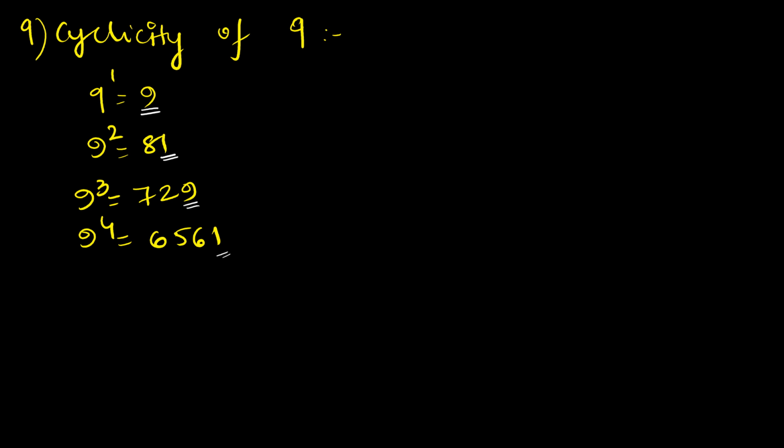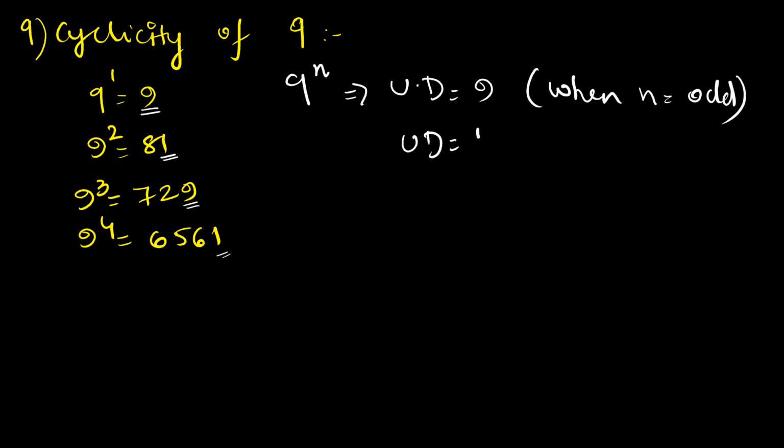So when the power n is odd, then the unit digit is 9, and the unit digit is 1 when the power n is even. This is how we find the unit digit of 9 raised to n. This is similar to what we did for 4.